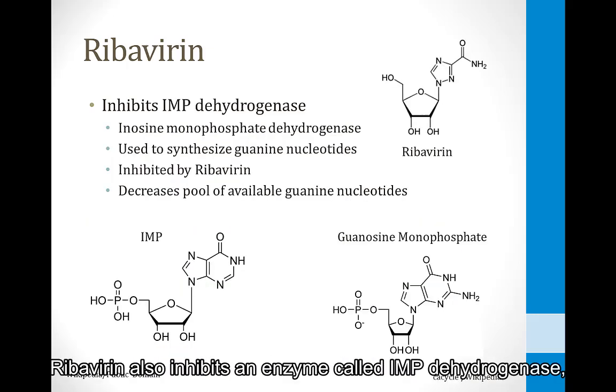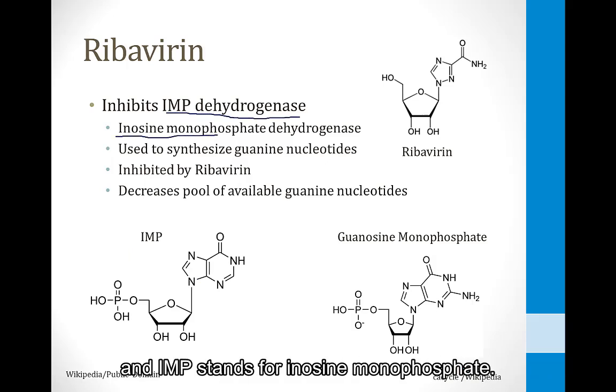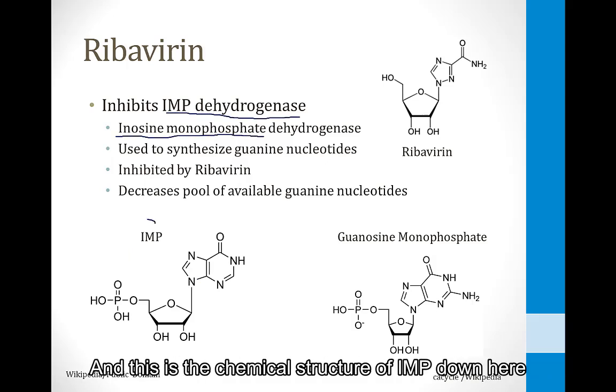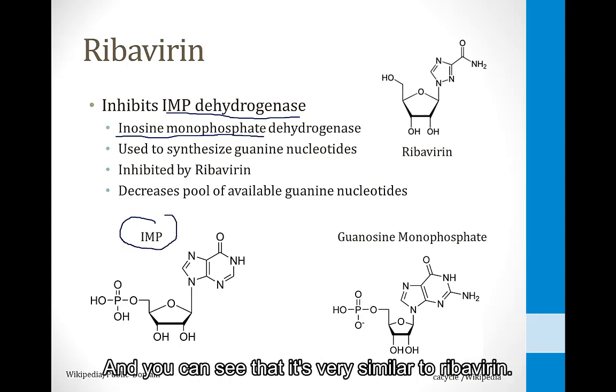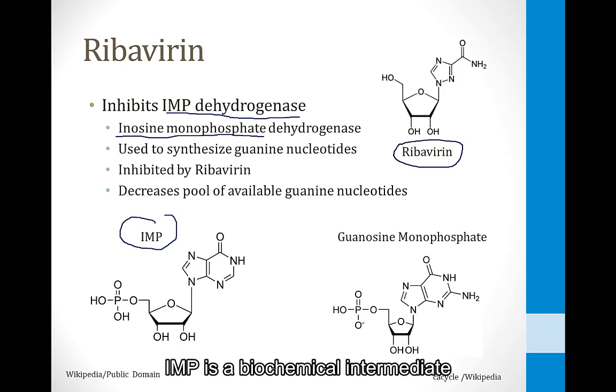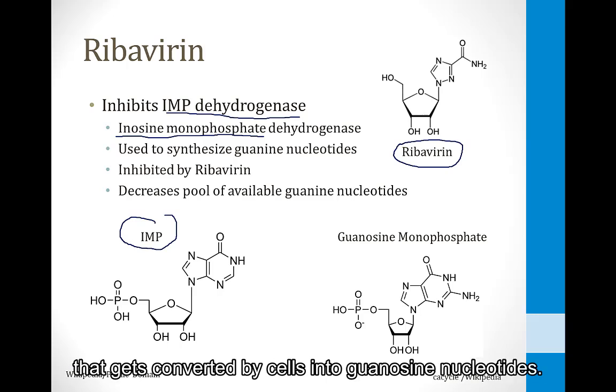Ribavirin also inhibits an enzyme called IMP dehydrogenase, and IMP stands for inosine monophosphate, and this is the chemical structure of IMP down here on the bottom right side of the screen, and you can see that it's very similar to ribavirin. IMP is a biochemical intermediate that gets converted by cells into guanosine nucleotides.